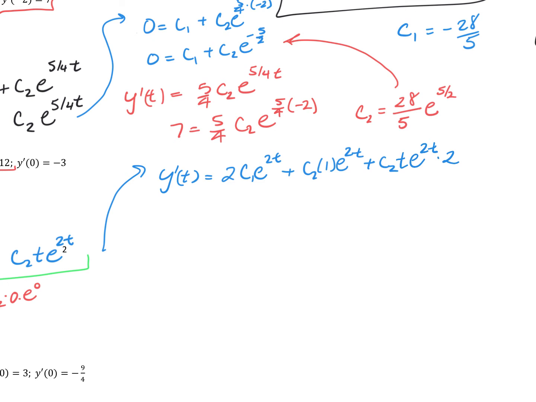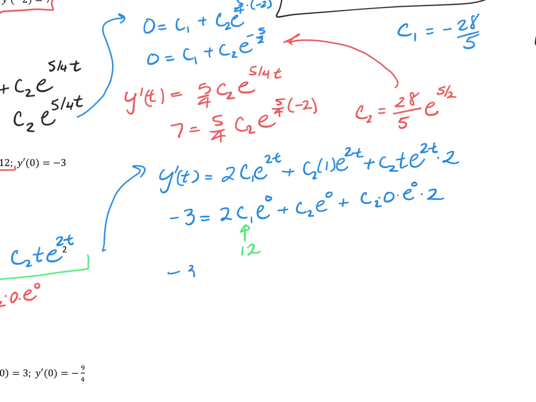Now my initial condition on this one is that it's equal to -3. So -3 is equal to 2 c sub 1 e raised to the 0 plus c sub 2 e raised to the 0 plus c sub 2 multiplied by 0 e raised to the 0 times 2. Now, we happen to know what c sub 1 is. We found that without doing any work. That was 12.